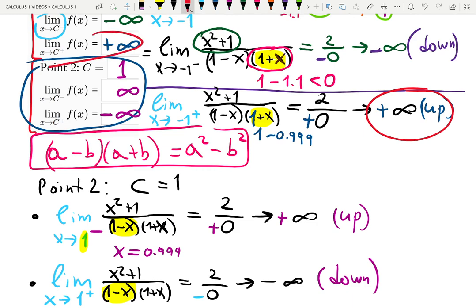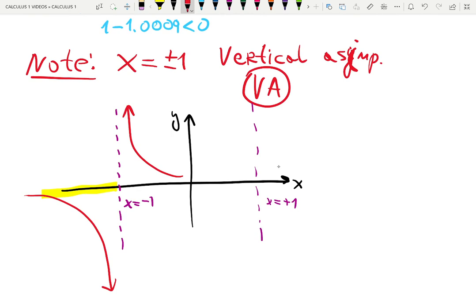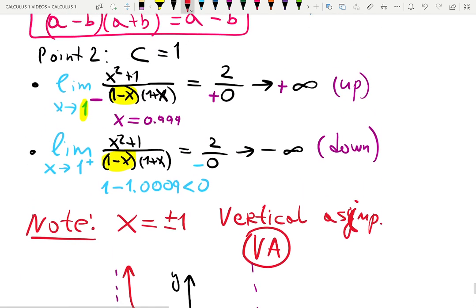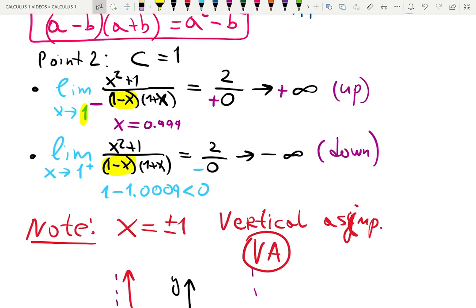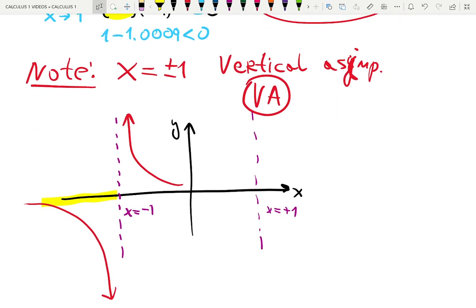Now, what happens with the other 2 cases? On the left of 1, it's going up, and then it changes direction, it's going down. So on the left of 1 it goes up, and then it goes down after this, and it's just a sketch.